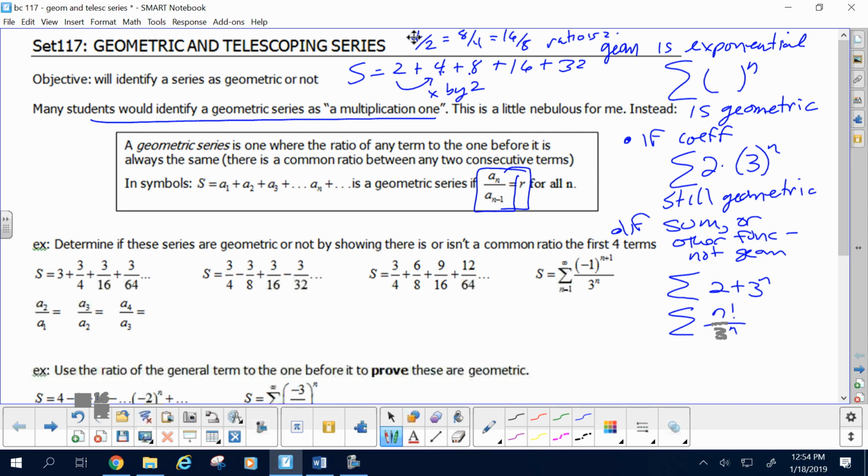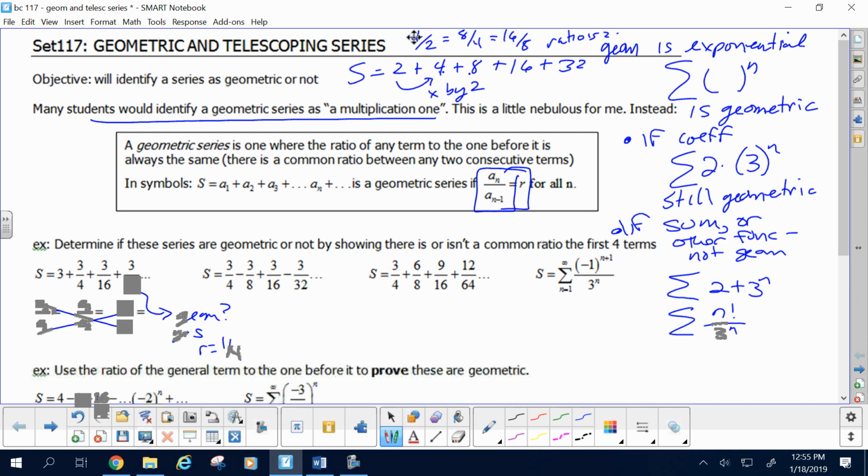I have in my notes, I want you to compute the first 3 common ratios, second to first, third to second. Let's just blow it off because you wouldn't be doing that in the homework anyway, and just say, is this geometric, yes or no? Yes. Multiplying by what each time? 1/4, all right? So you'd say yes, r is 1/4. What about the next one?